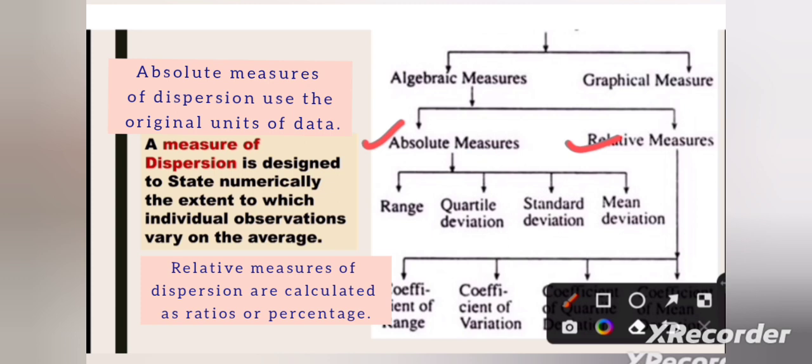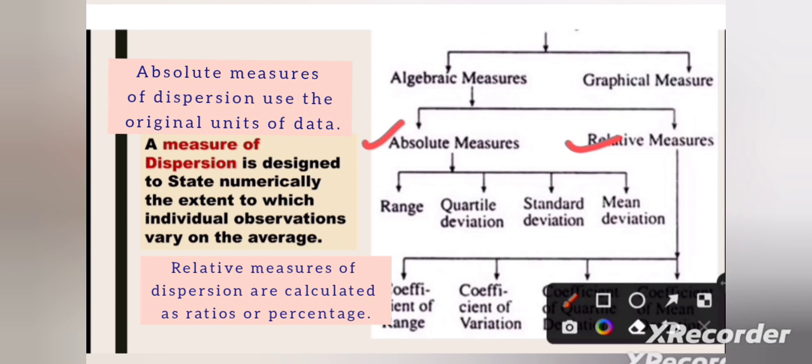The relative measures of dispersion are independent of the units of measurement and they are used to compare the relative accuracy of data, whereas the absolute measures of dispersion may be used to compare the variations in two sets of observations which have the same unit.